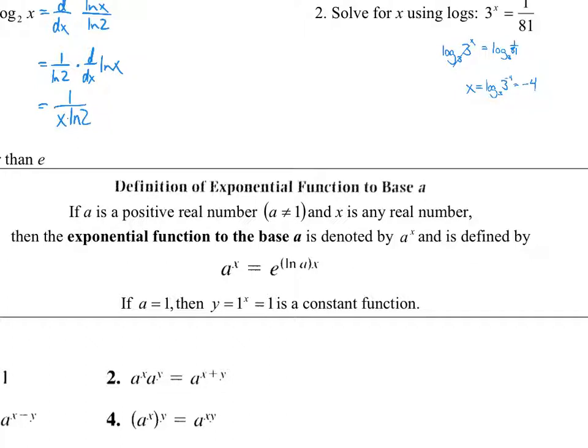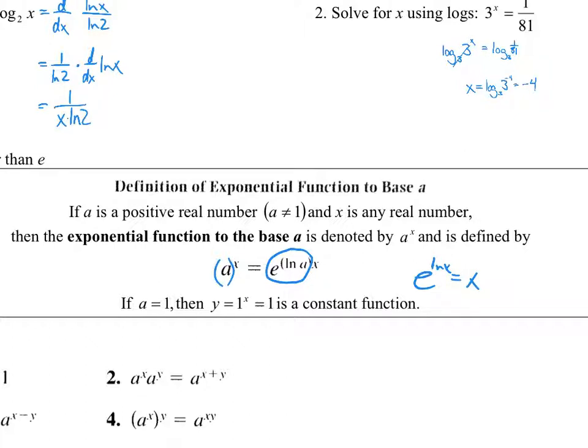Remember that e and ln are inverses of each other, so if I have e to the ln of x, that simply equals x, all right? So what I'm actually going to do is rewrite this value of a as e to the ln of a, okay?